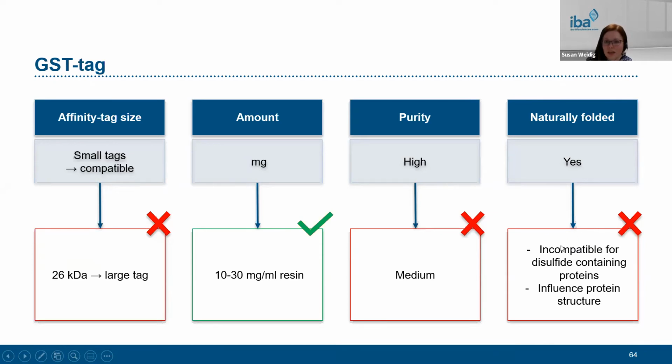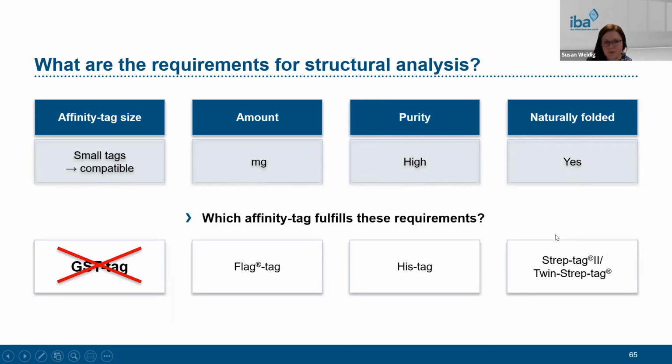The GST tag can also only be connected to the C terminus of the target protein. And due to the large size, the protein structure is influenced. So if you plan structural analysis after your protein expression and purification, you should not take the GST tag.